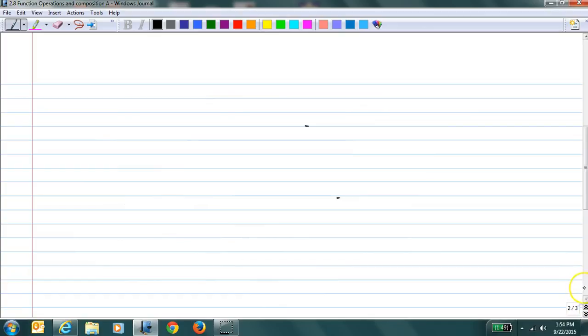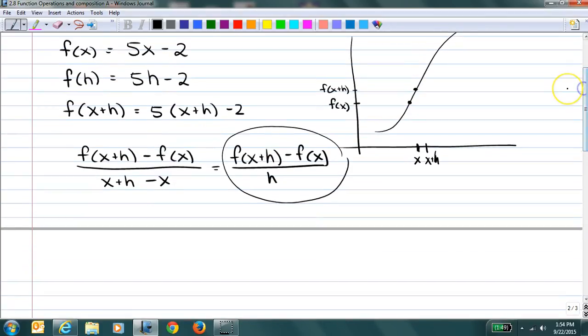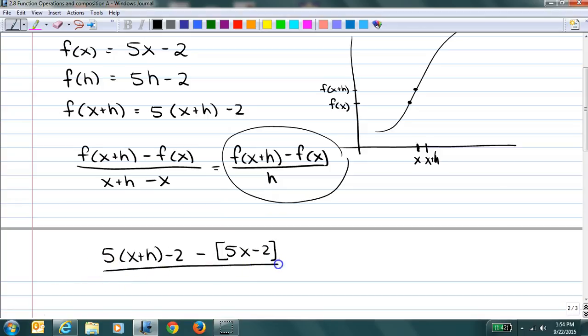Well, let's do that with this problem. We're going to have f of x plus h, 5 times x plus h minus 2, minus f of x. That's the entire quantity, 5x minus 2, over h.